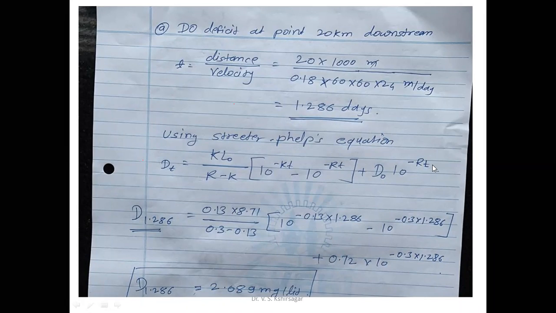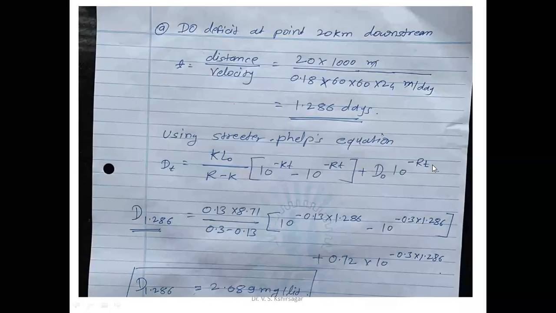Sometimes in the example, they might have mentioned the rate of deoxygenation to the base e and rate of reoxygenation to the base e. In that case, you should take this equation in the form of base e. So it was not mentioned, so we have taken it in the form of base 10.